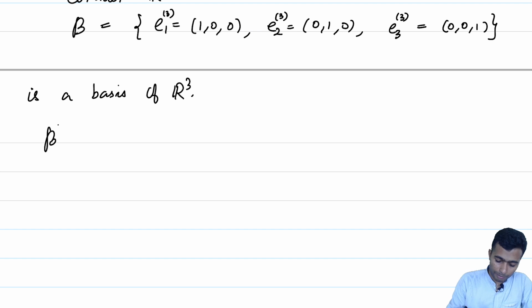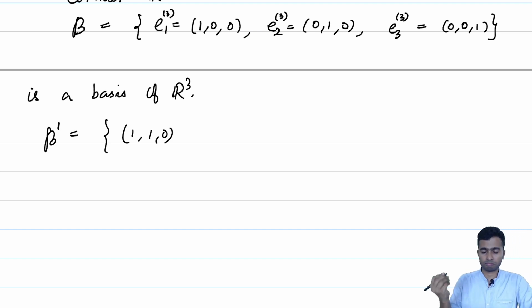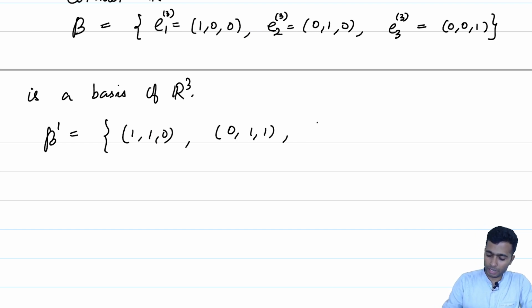So, consider beta prime, which is say something like (1, 1, 0), (0, 1, 1) and (1, 0, 1). This is also a basis of R3.